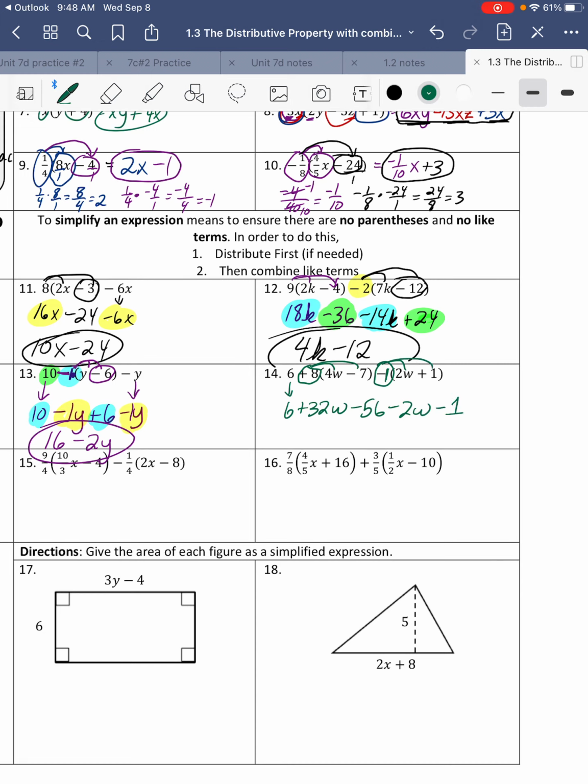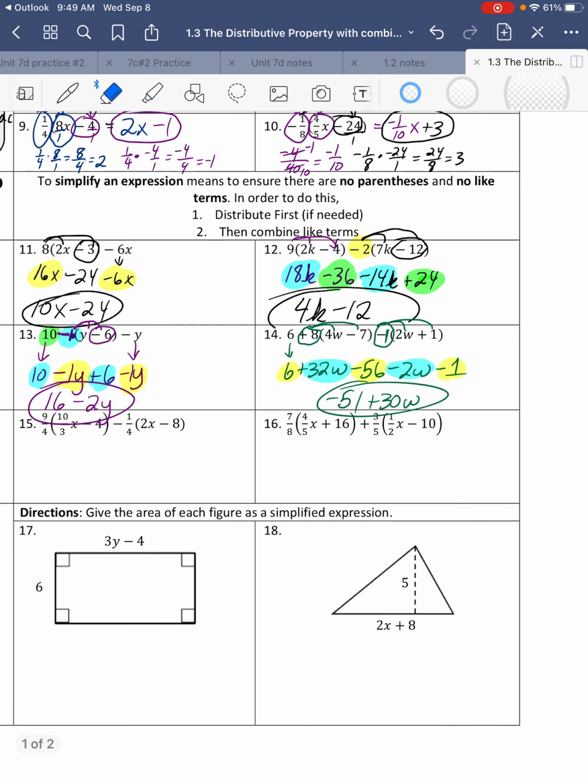Negative 1 times 1 is a negative 1, so minus 1. Let's gather our like terms. We have 6 minus 56 is negative 50. Minus 1 is negative 51. And 32w minus 2w is 30w.